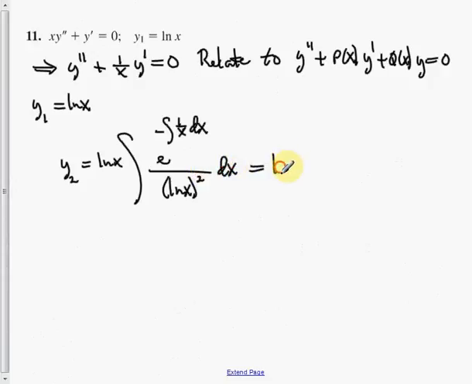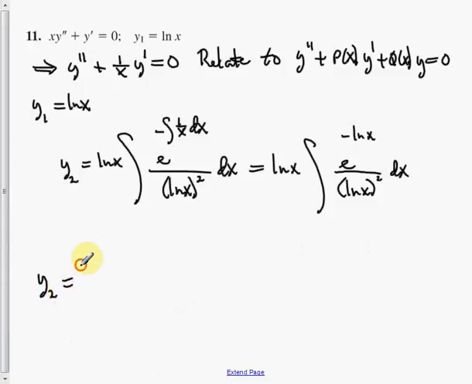And so this is e to the negative natural log of x, all over the natural log of x squared dx.